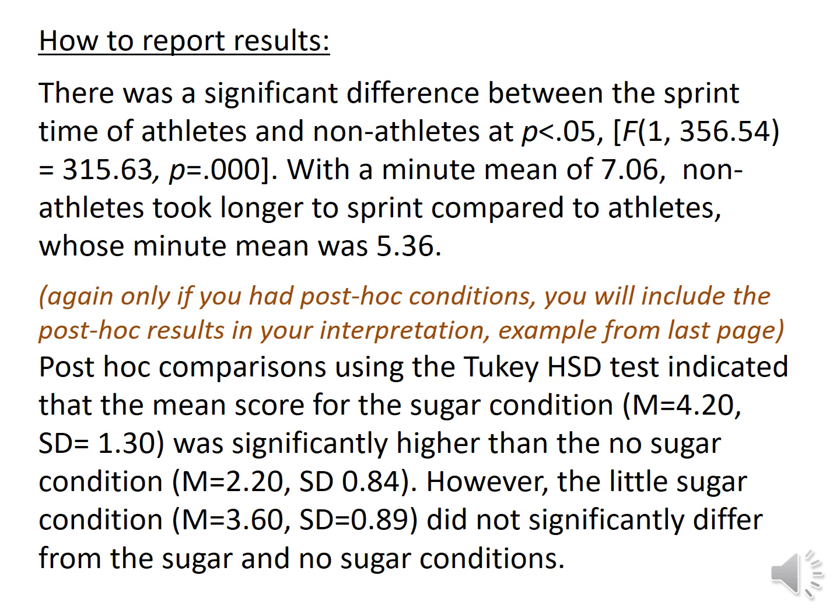Non-athletes took longer to sprint compared to athletes, whose mean was 5.36. Again, only if you had post hoc conditions will you include the post hoc results in your interpretation.